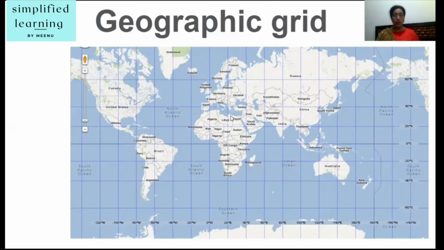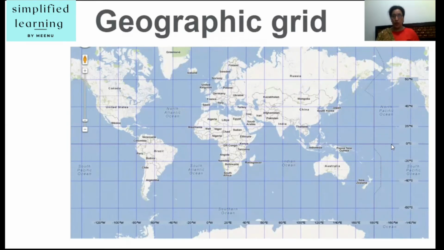Now, what is the advantage of a grid? Yes, it helps us to locate a particular place accurately. So you can see here, these are the horizontal lines. That is the 0-degree equator dividing the earth into two equal parts. Then we have 20-degree north, 20-degree south.